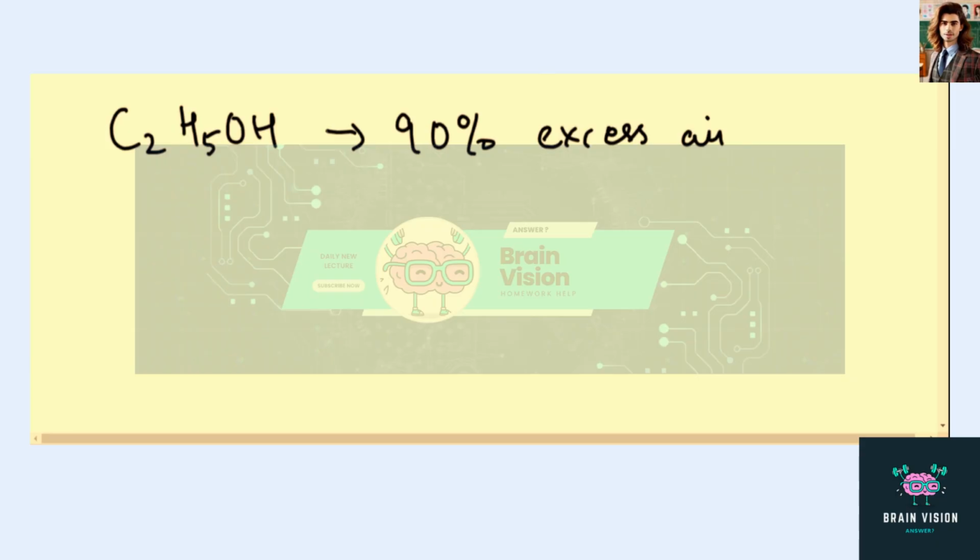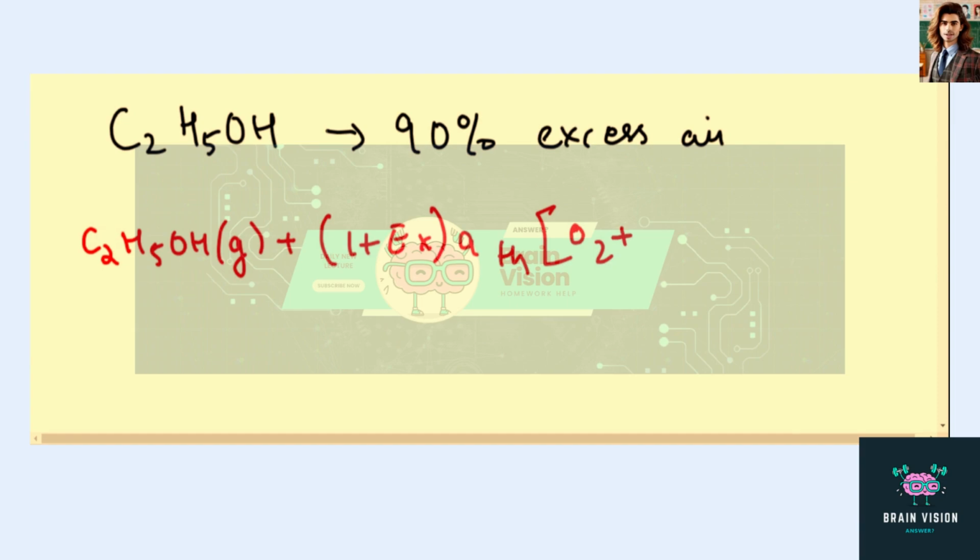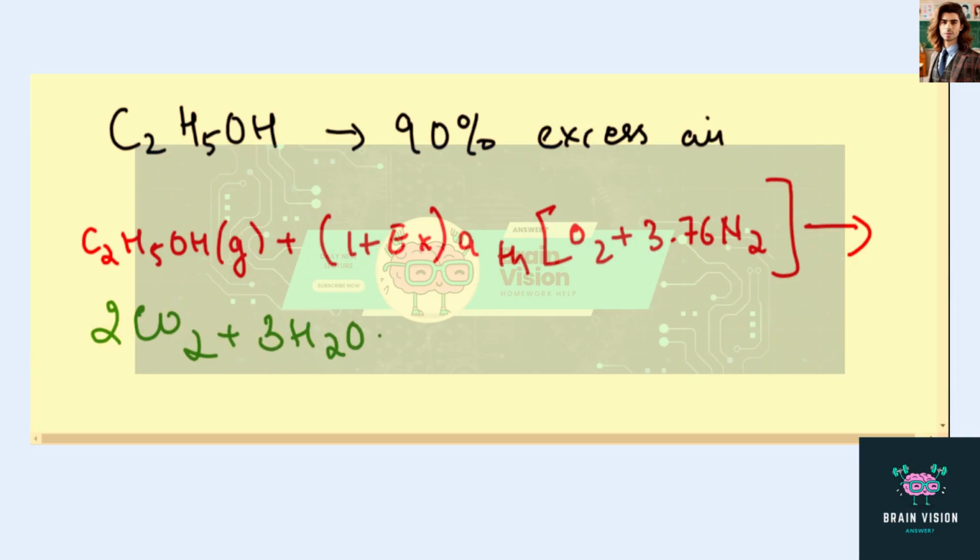So when we analyze the question, the complete combustion reaction in this case can be written as C2H5OH gas plus (1 plus Ex)aO2 plus 3.76 N2 gives, I'm writing down the products, 2CO2 plus 3H2O plus xO2 plus FN2.